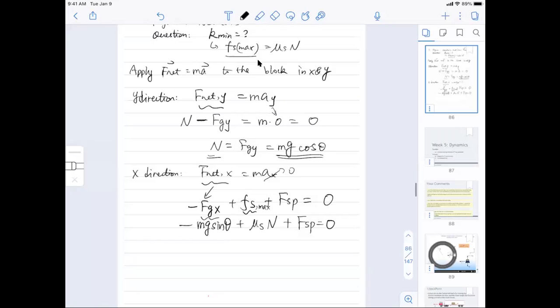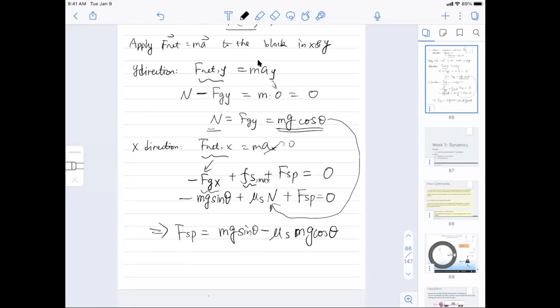We know normal force, so let's plug in normal force. So force of the spring is mg sine theta minus mu times normal force mg cosine theta. I have calculated what my spring force is.